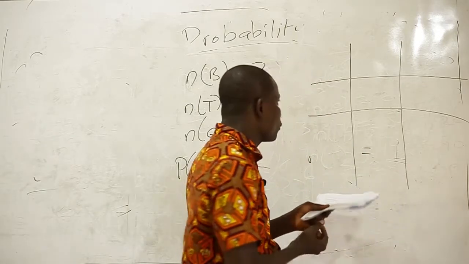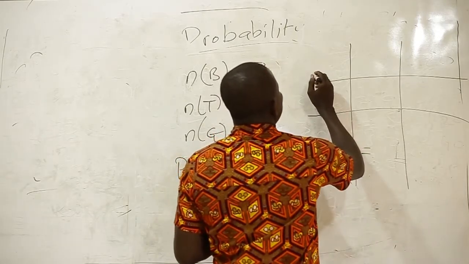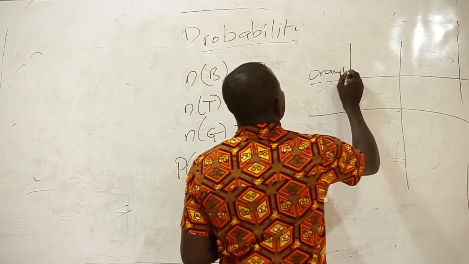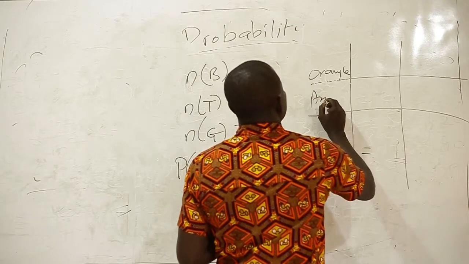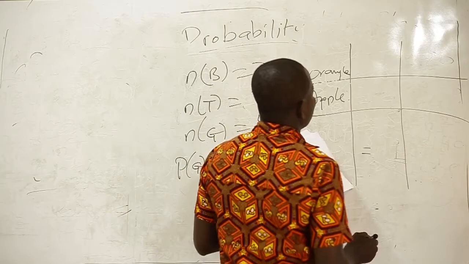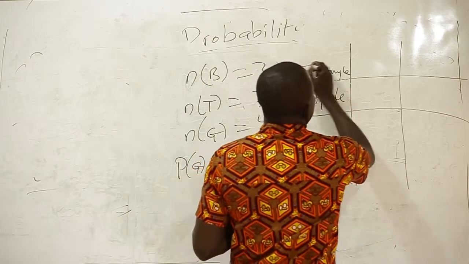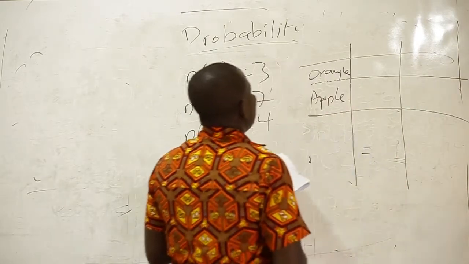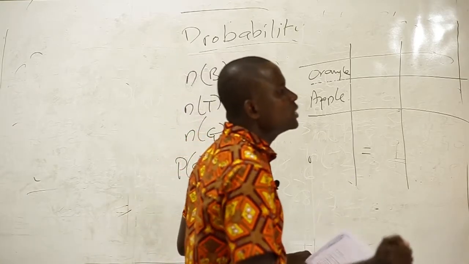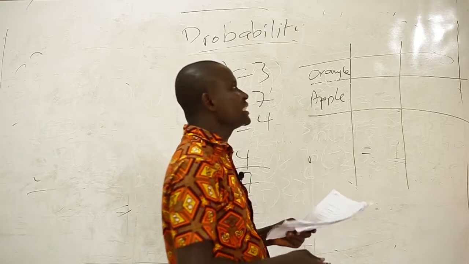That's the fruit. So you have to write orange and apple. Look at it carefully. He has mentioned orange and apple, and then he has mentioned something to qualify. What's the name? The adjective.